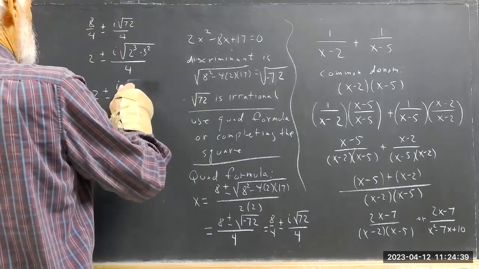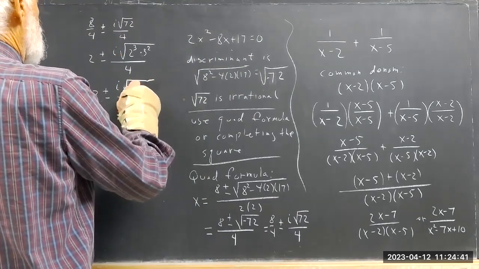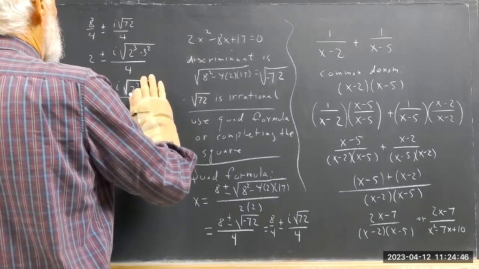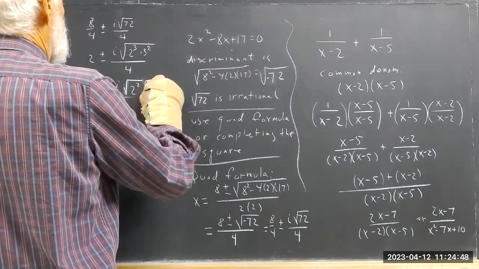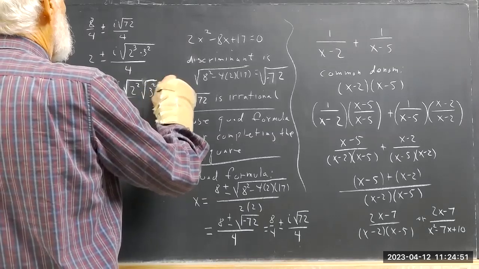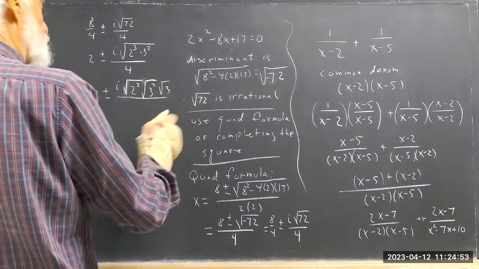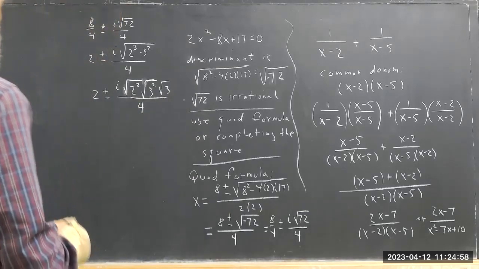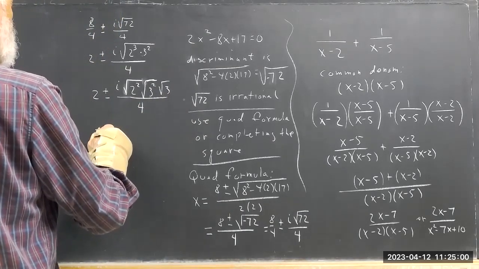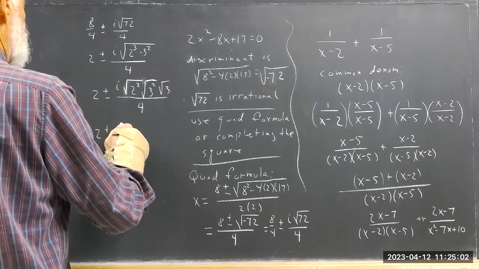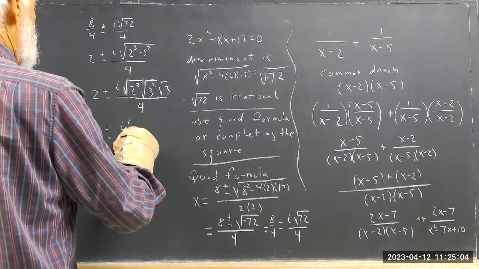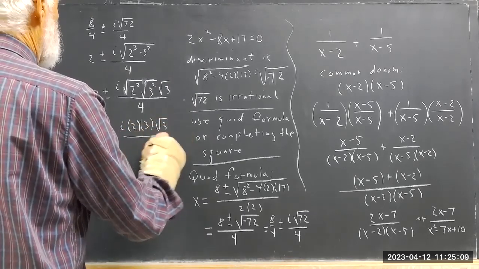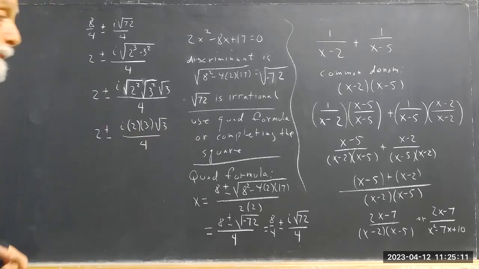Anyhow, I can do the square root of 2 squared, the square root of 3 squared, square root of 3. There's shorter ways to write it, but I'm going to do it this way. So that's 2 plus or minus i times 2 times 3 times the square root of 3, and that's divided by 4.